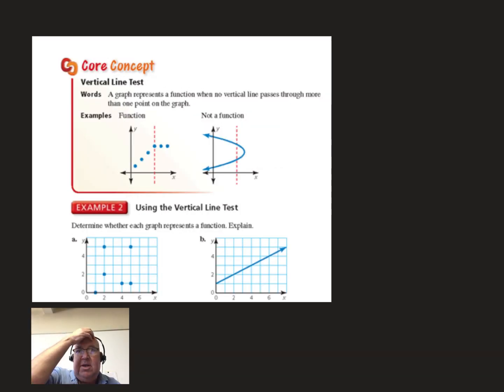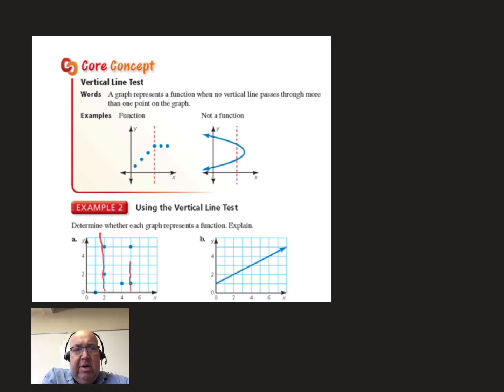Now we want to look at a graph. So a core concept that we need to know is if you can draw a vertical line, up and down, that goes through more than one point, then it's not a function. So we're looking at example A. If I were to draw a vertical line up there where x equals 2, it goes through 2 points.